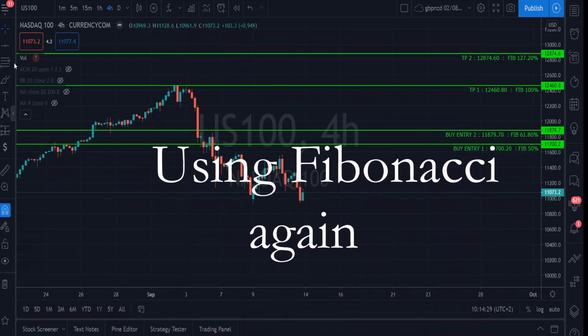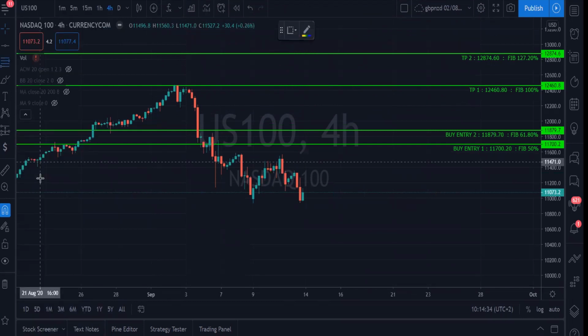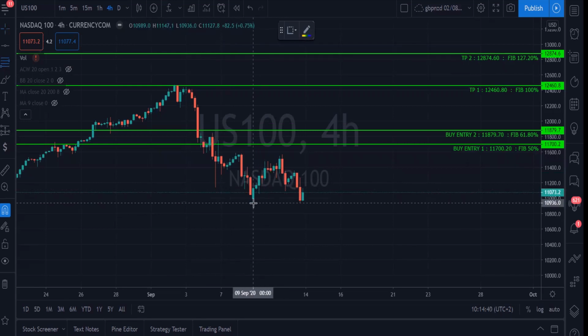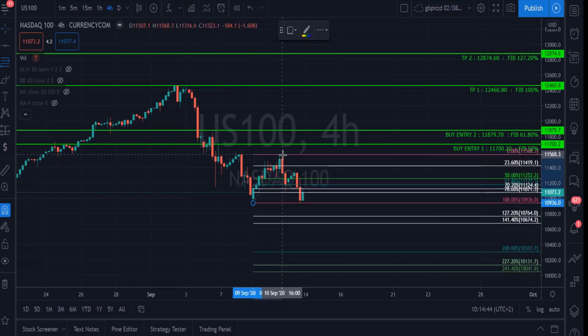Then we go into the tool again, and we take our fib retracement. And then this time we go from our lowest point that we know, which is there, to our highest point we know, which is there. You with me? Yes.